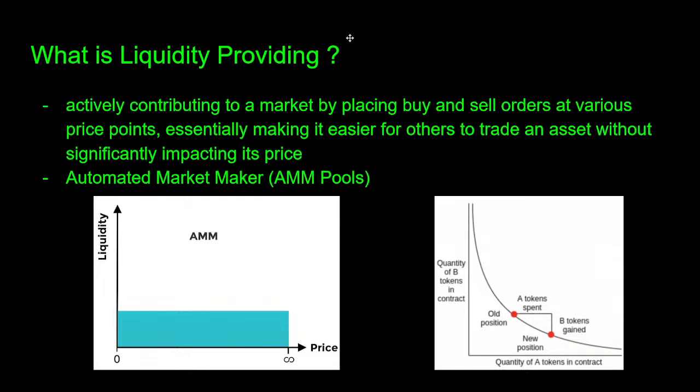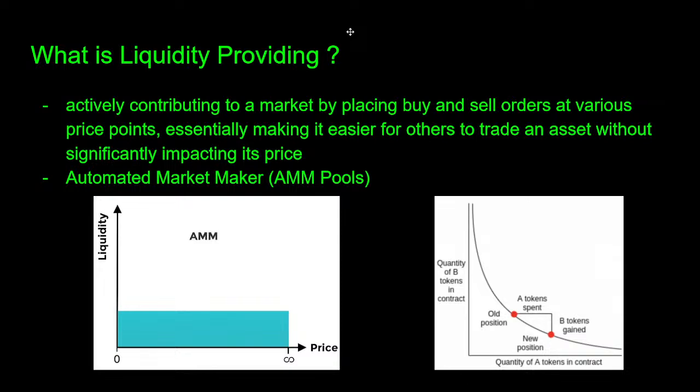So the most common and the most widely available liquidity providing pools in the market have always been the AMM, the automated market maker pools. If we talk about AMM, when you add liquidity in these pools, the liquidity is basically uniformly spread from a price of 0 to infinity.